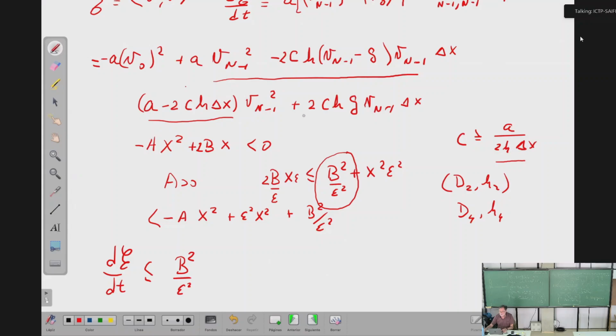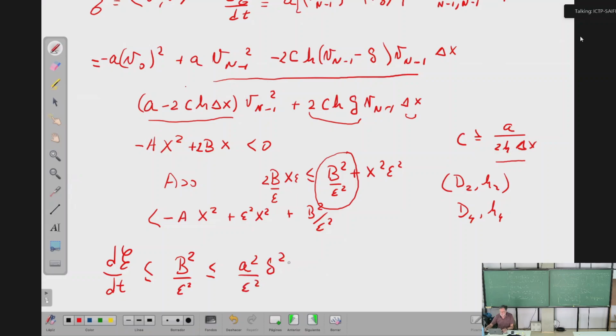The b was all this part plus a dx. So it's less or equal to 2ch delta x, which is just a, right? This is just a, so let me put a here. A squared g squared, okay?